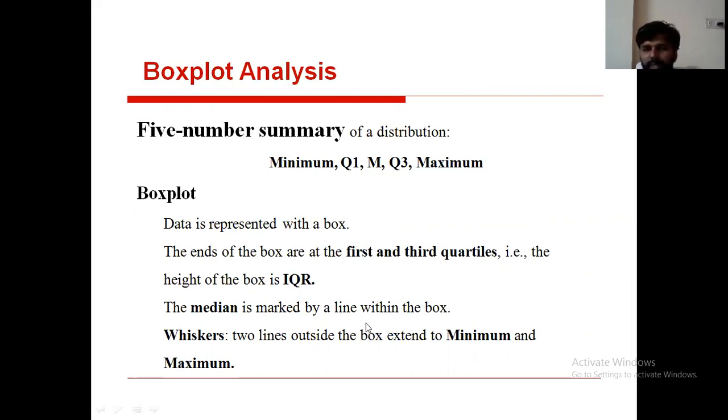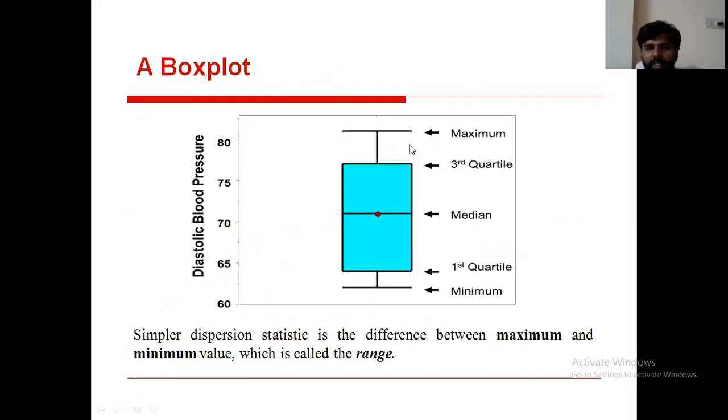This line is called a whisker and this line is also called a whisker. The bottom line is treated as the minimum value. And the top line is the maximum value, right? The difference between minimum and maximum value is called range. And the difference between first quartile and third quartile is called interquartile range, right?